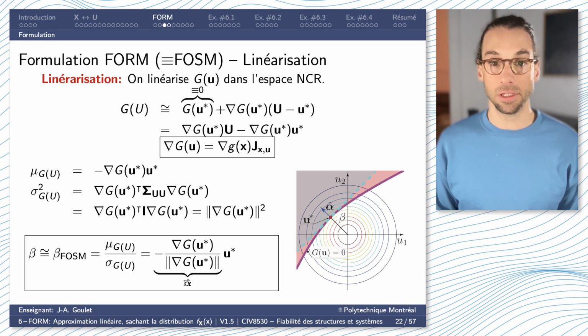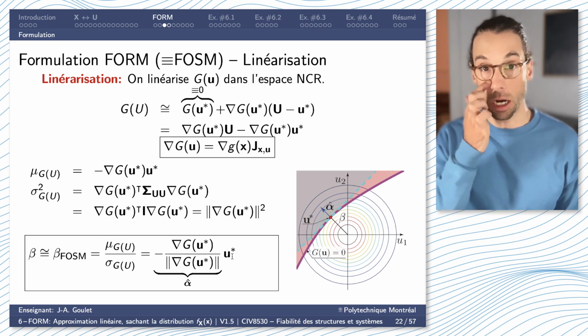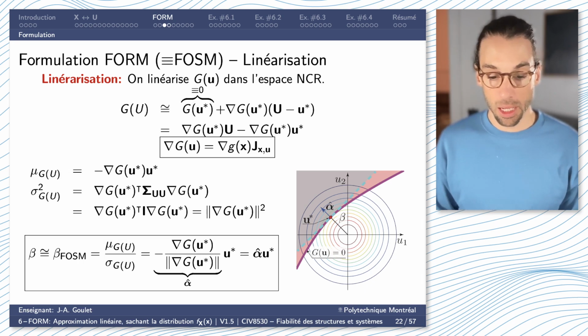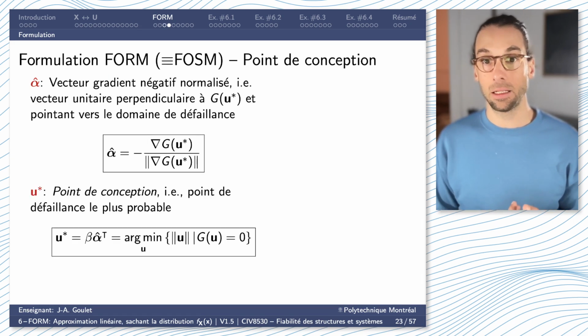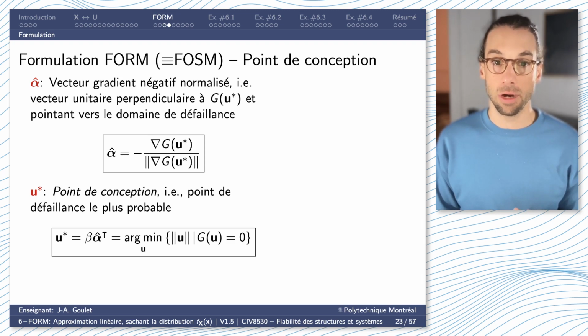This is alpha star times u star, my design point. In shorthand, it's alpha hat times u star. Keep in mind that alpha hat is that negative normalized gradient vector, which is equal to the gradient divided by its length with a negative sign.